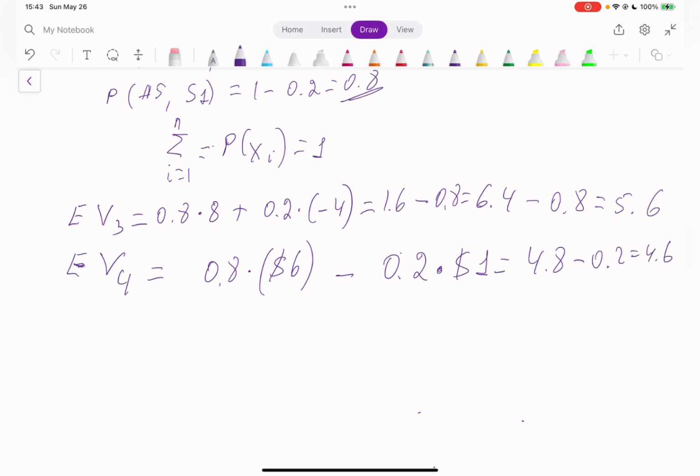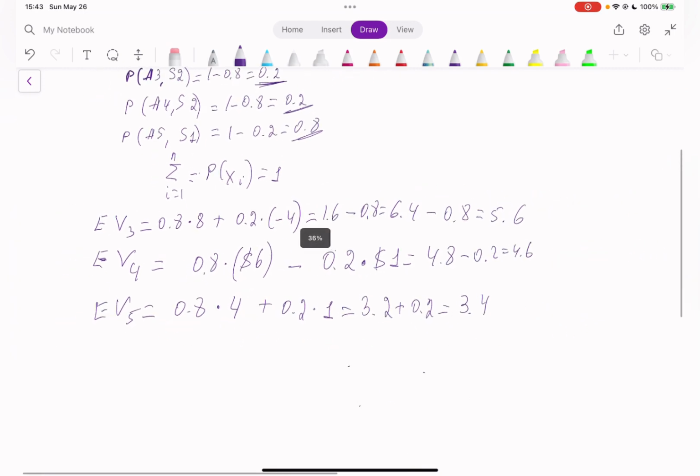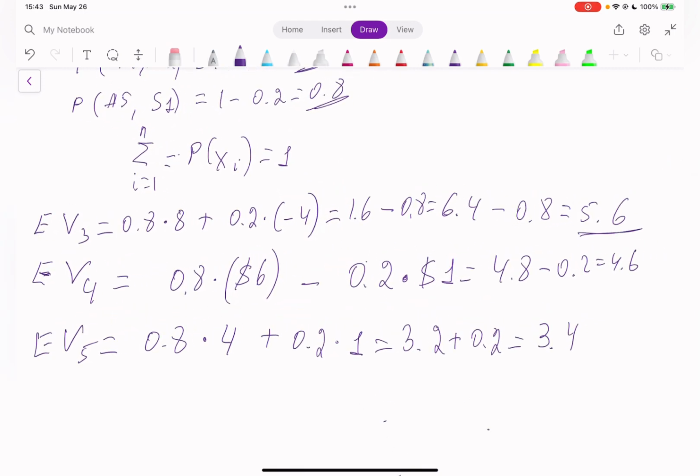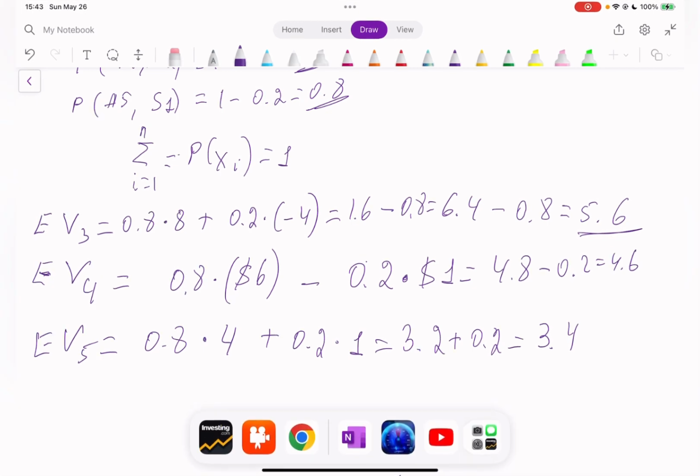And lastly, evaluation for A5: it's going to be 0.8 times $4, and then plus 0.2 times $1, and that's going to be 3.2 plus 0.2, equal to 3.4. Okay, so the maximum here is 5.6, right? And then we are going to take a max between A1. How much was our A1? Let me see.